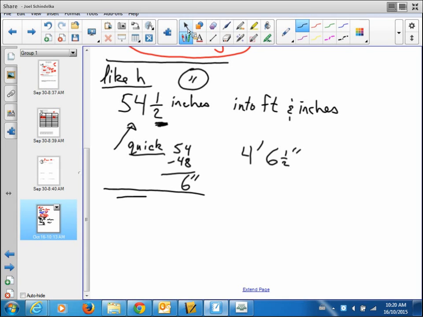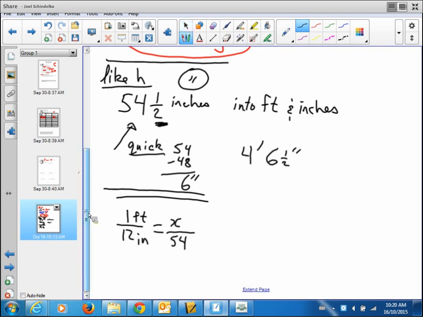Now that's the quick way if you can see it. If this was a larger number and you couldn't count by 12 quickly, we would go with this 54 and we'd say 1 foot, 12 inches. We want to find x number of feet out of the 54 inches. Now we're going to get decimals in here.